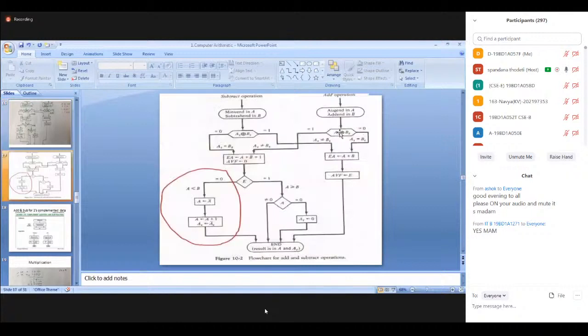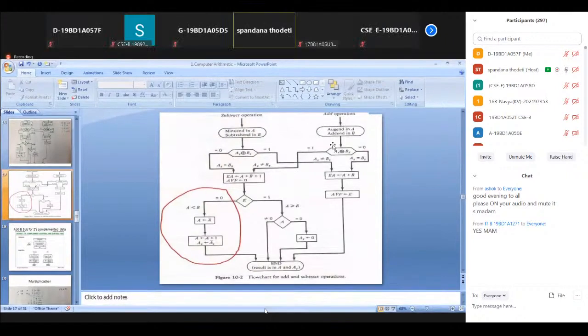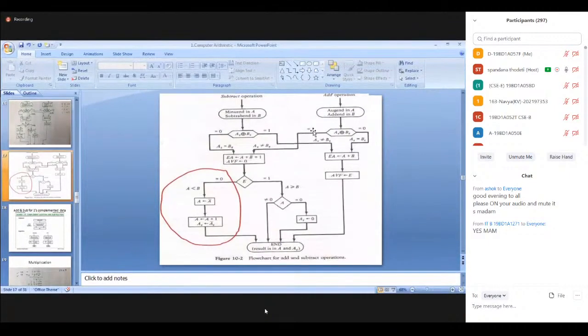That means if the sign of the two numbers is different, at the time of this addition operation, what you have to do? You need to perform the subtraction operation. So if the result of XOR is 1, then perform this subtraction operation.